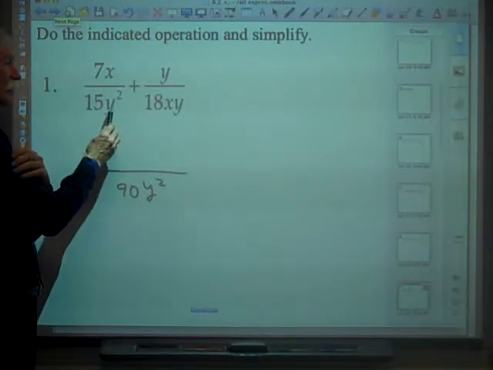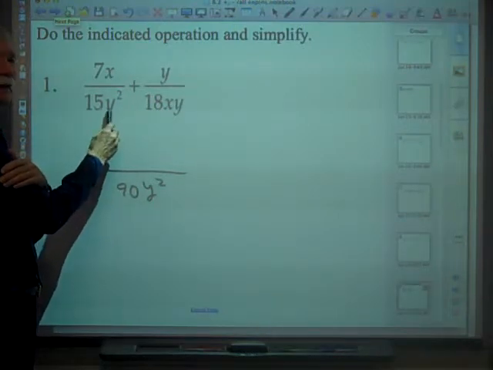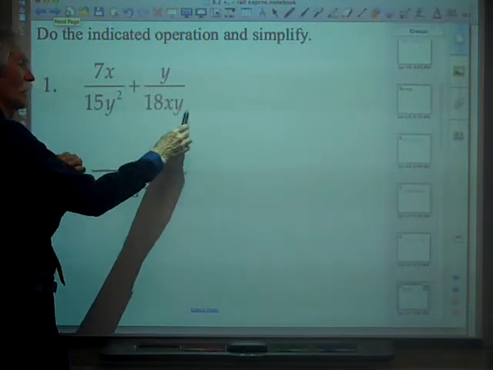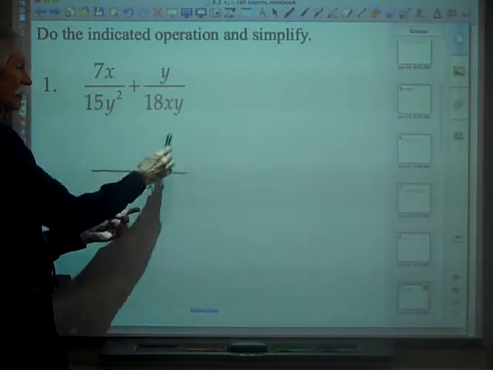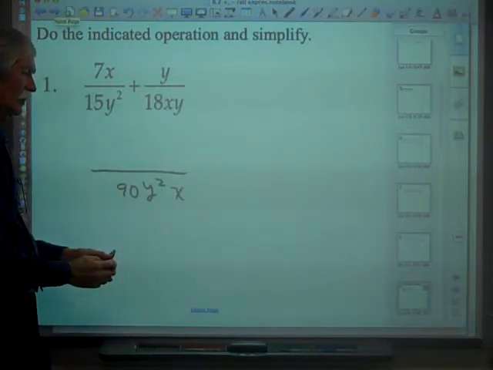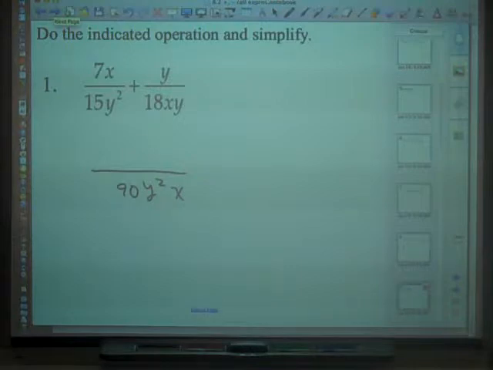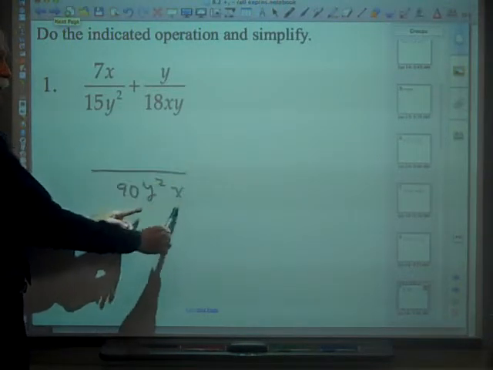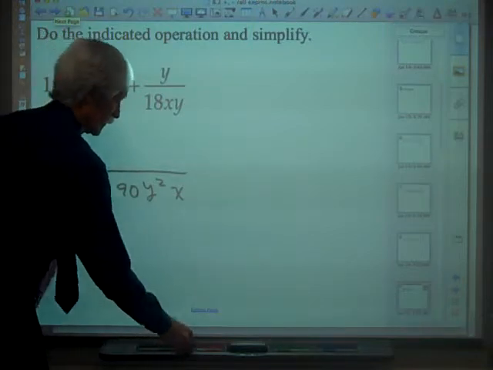Right. Where was the x? So we've got this covered now, but it also needs to have all of this in there. What is missing? Do we have the y covered? But do we have the x covered yet? No. So there's our common denominator. It has all of that and all of that built in.